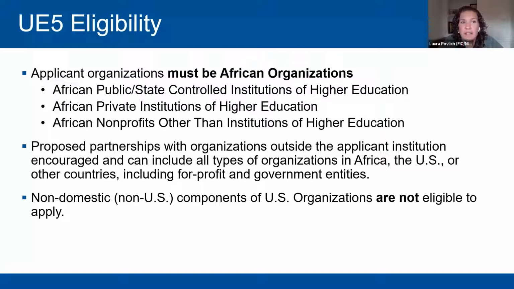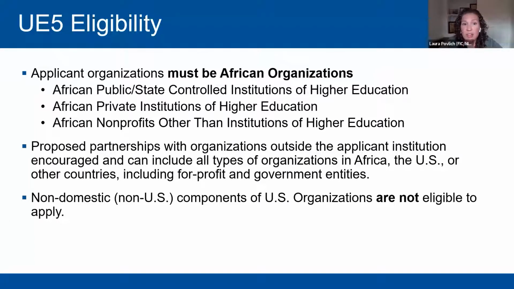Moving on to the UE5 eligibility. Applicant organizations must be African organizations that are either African public state-controlled institutions of higher education, African private institutes of higher education, or African nonprofits other than institutes of higher education.